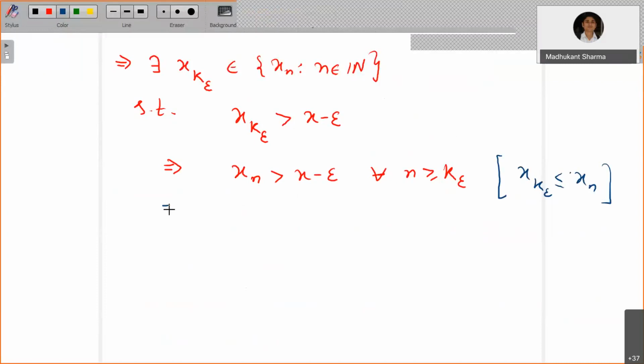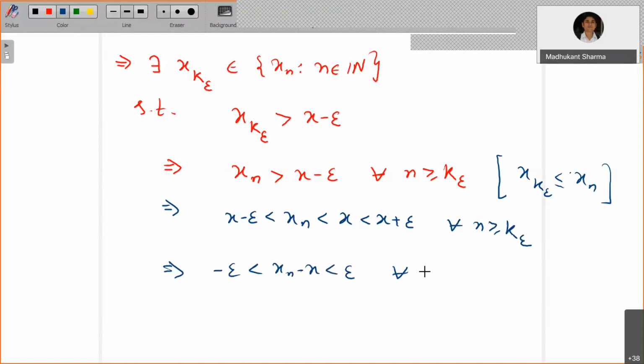So X minus epsilon is less than xn, which is certainly less than or equal to X because X is the supremum, and which is certainly less than X plus epsilon since epsilon is greater than 0, for all n greater than or equal to k(epsilon). So minus epsilon is less than xn minus X, which is less than epsilon for all n greater than or equal to k(epsilon). This implies mod of xn minus X is less than epsilon for all n greater than or equal to k.